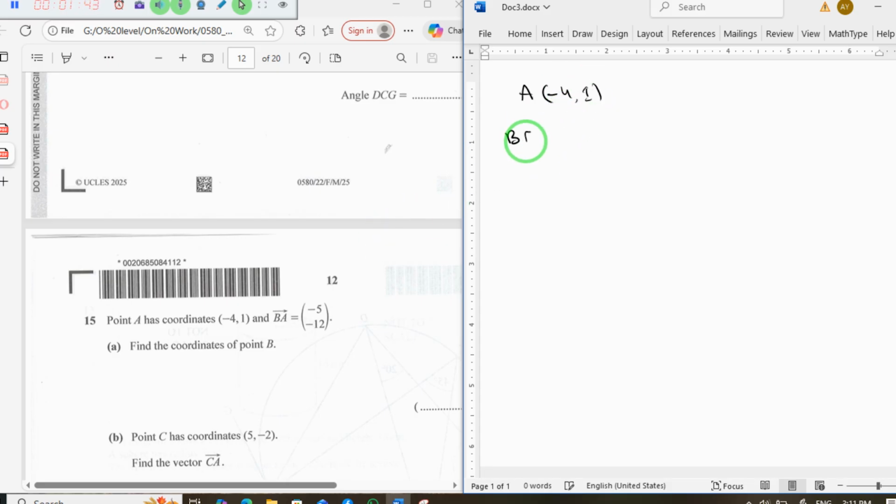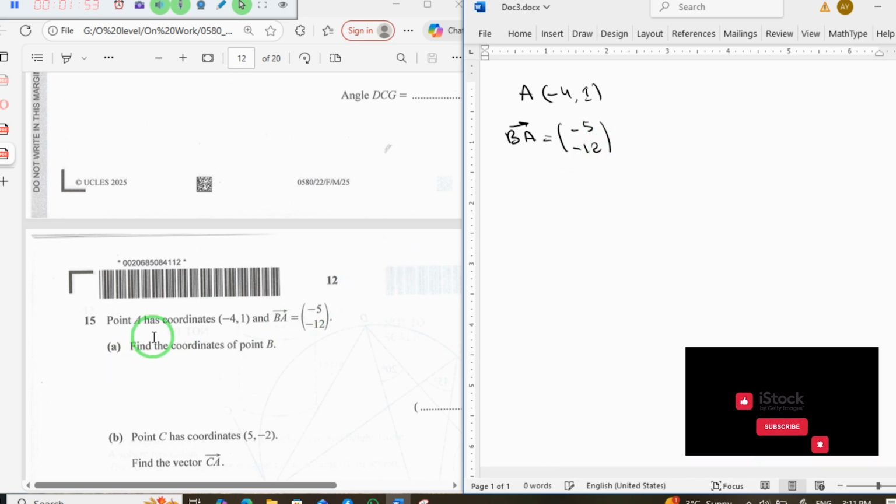Vector BA is equal to -5 and -12. So part A, find the coordinates of point B.